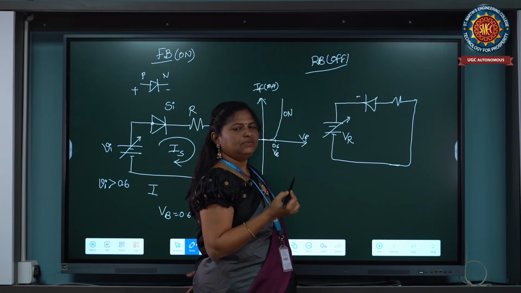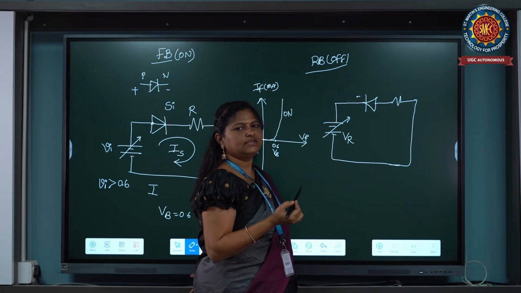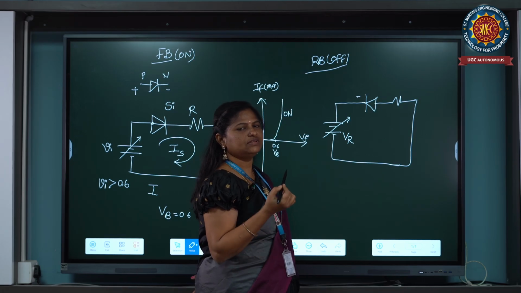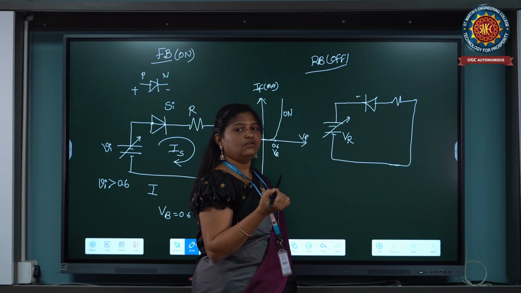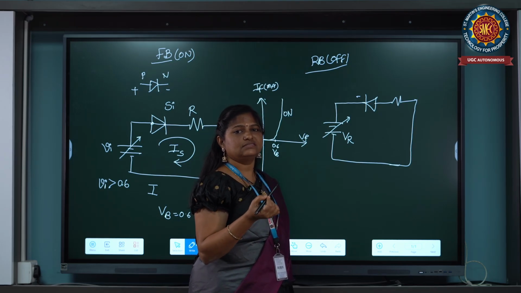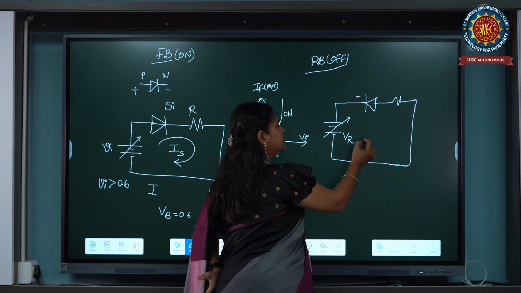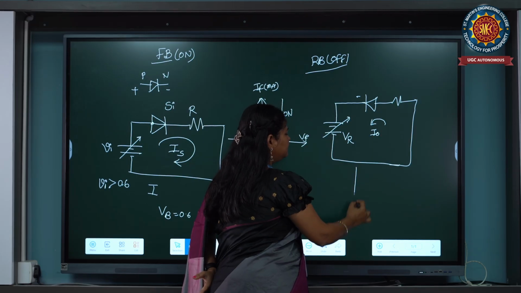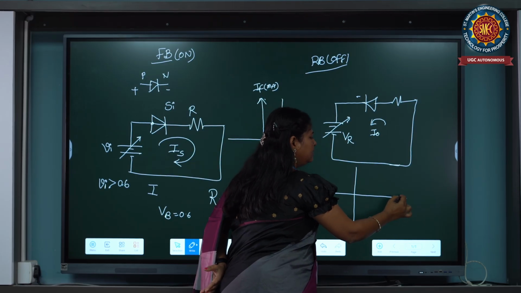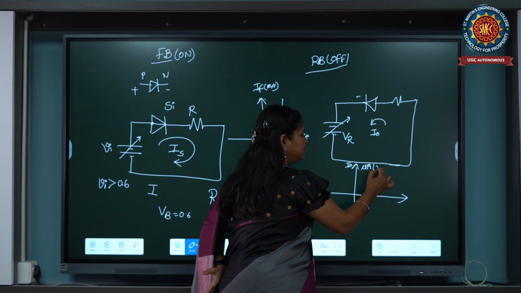Then the depletion region increases as we increase the reverse bias voltage, and it acts like an off switch which does not allow the flow of current, except the current due to minority charge carriers. That current we call the reverse saturation current, represented as I naught, and its value is in the range of microamperes or nanoamperes.